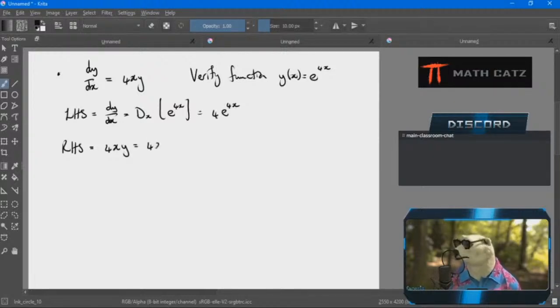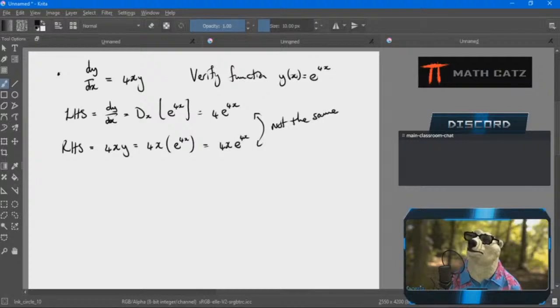That means 4 times x times the proposed y, so I get 4x e to the 4x. And I see these are not the same. So my y of x function, e to the 4x, is not a solution.